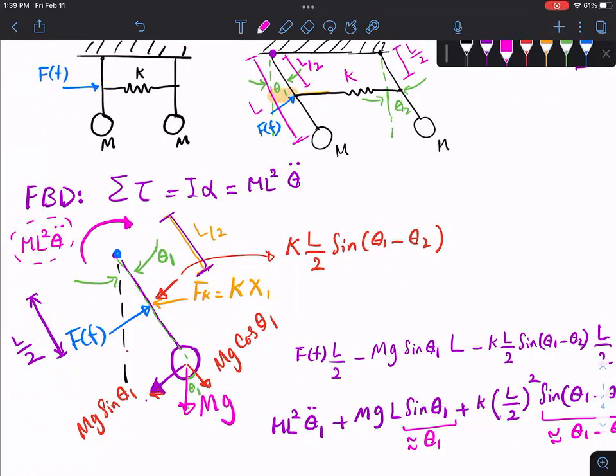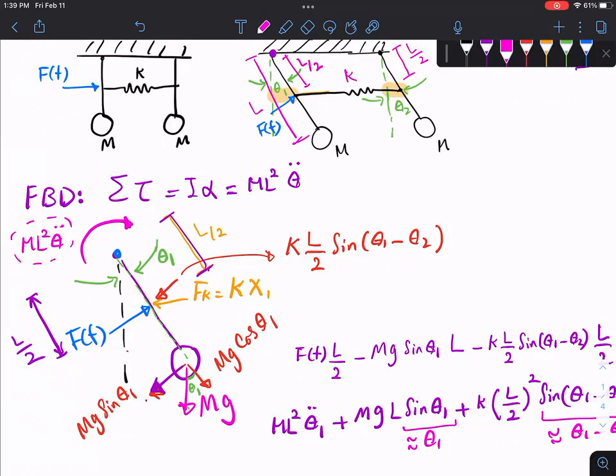But we know that this spring is connected to both of these systems, so we also have to consider this displacement in here. From here it is just like our mass-spring system. So we took care of this translational motion and can write it in terms of the rotational motion.